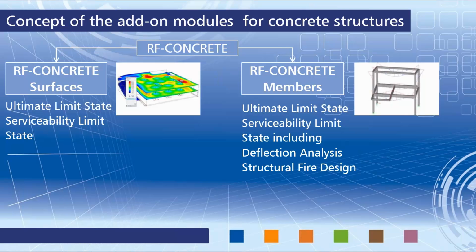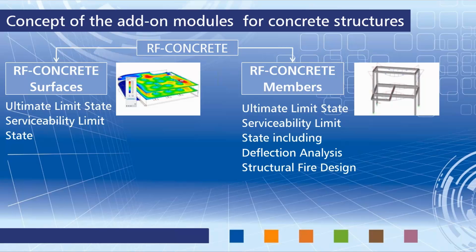In both modules, the ultimate limit state is proved. The required longitudinal reinforcement is calculated for bending, shear, and torsional loads. This is chapter 6 of the Eurocode 2. The RF concrete members is doing also the shear at interfaces.